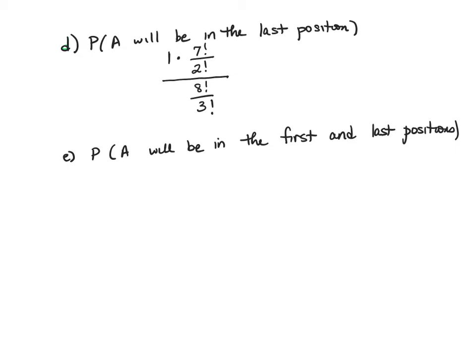Let's try E. In E, again, the denominator is still 8 factorial divided by 3 factorial, because this is the total number of ways we could arrange the letters in the word parabola. But the number of ways an A could be in the first and last position, we said was 1 times 6 factorial, and we would simplify these. So using what we had in the do now, let's substitute.